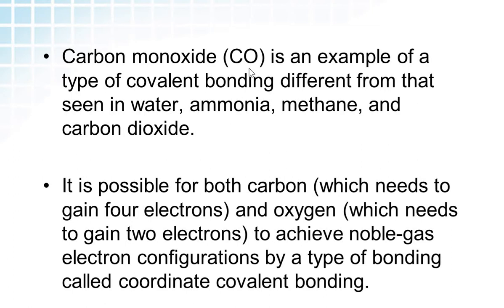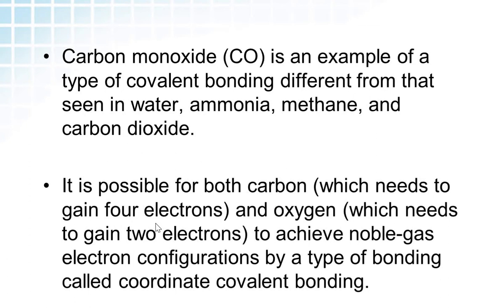But how is this covalent bond different from the others that we talked about, water, ammonia, methane, and carbon dioxide? Here in this example, both carbon and oxygen are sharing electrons.